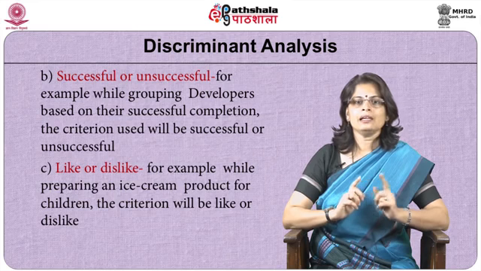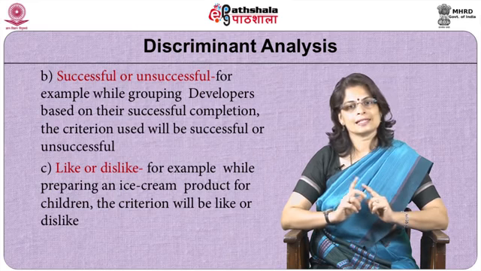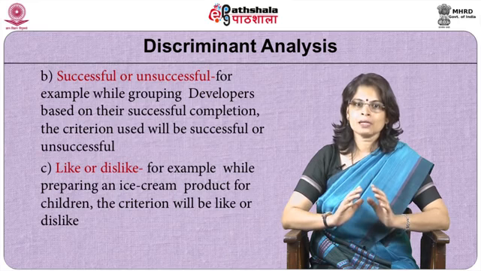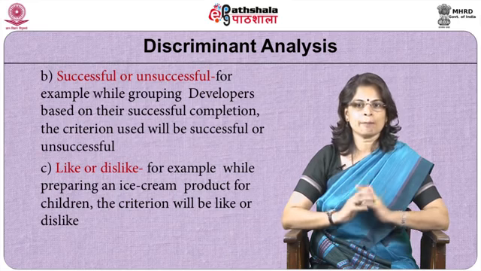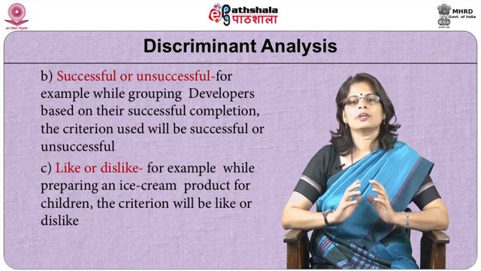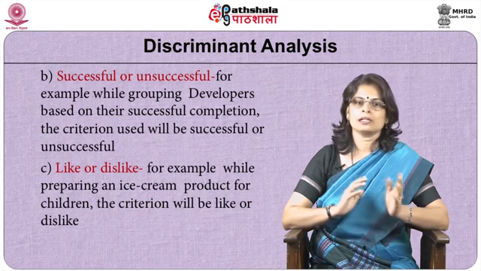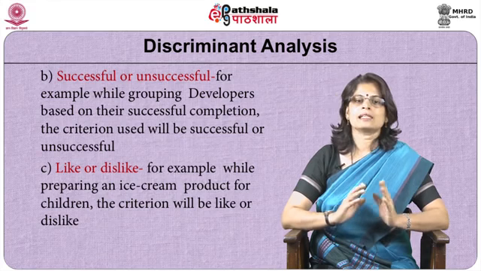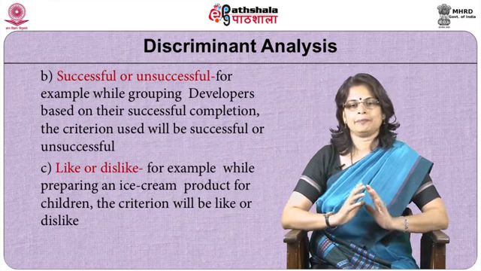The second would be either successful or unsuccessful. For example, while grouping developers based on their successful completion of projects, the criteria used would be successful or unsuccessful. The third is either like or dislike.